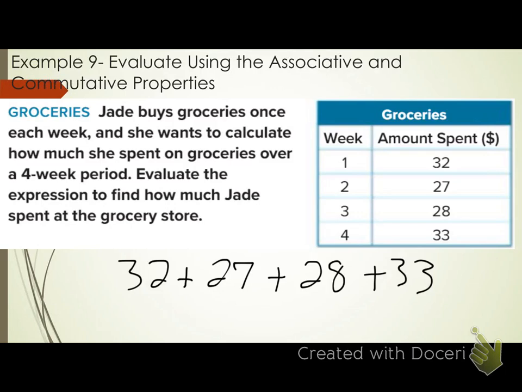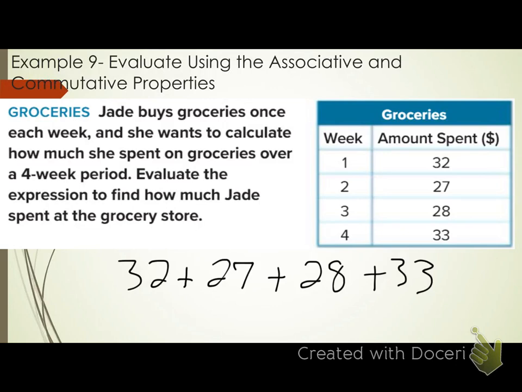Give me a nicer number, kind of. 27 and 33. That's going to give me a number that ends in 0, right? Also, what about 32 and 28? That's also going to give me a number that ends in 0.